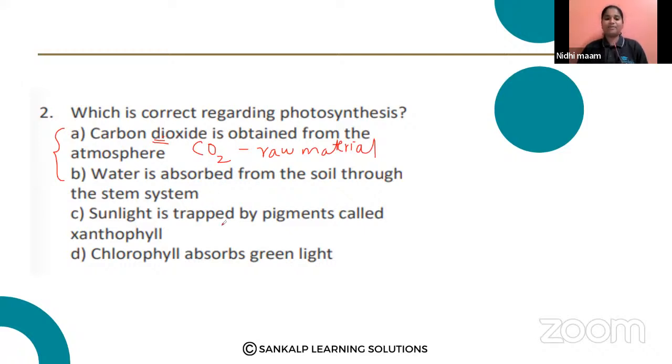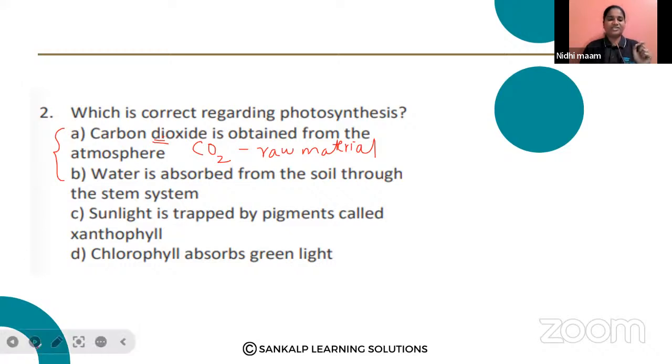Sunlight is trapped by pigments called xanthophyll. Usually sunlight is trapped by the pigment called chlorophyll. Chlorophyll absorbs green light? The light which is absorbed will not be reflected, right? When you see plants, the majority are green in color, so obviously chlorophyll will not absorb the green light, right?